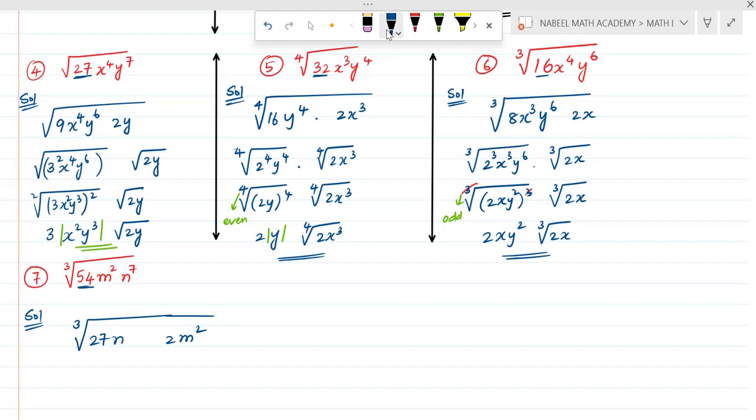So I have to take n power 6 and the remaining n will be here. So it is the two terms I will separate. So what happened here? It equals cube root of 27, which can be written as 3 power 3, n power 6. And here cube root of 2m square n.